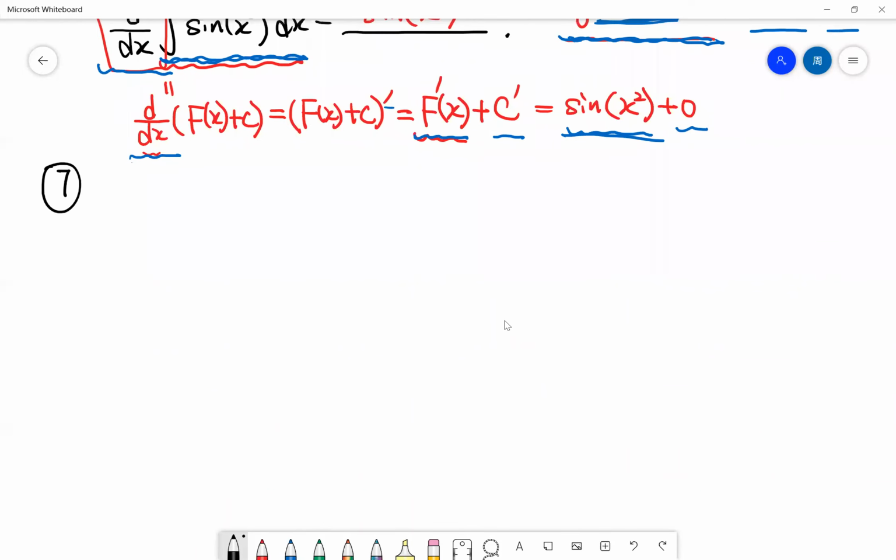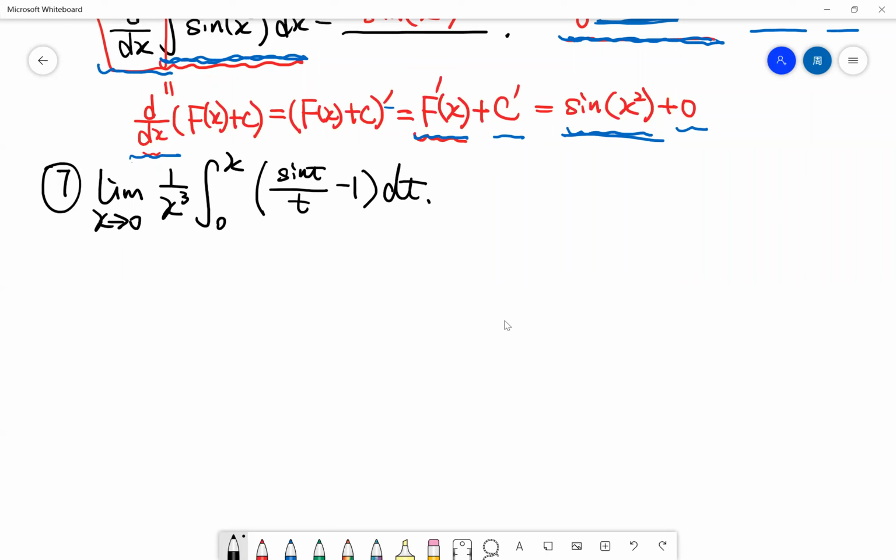But now I will show the question first. That is to calculate the limit as x approaches 0 of 1 by x to the power 3 times the integral from 0 to x of (sine t by t minus 1) dt.